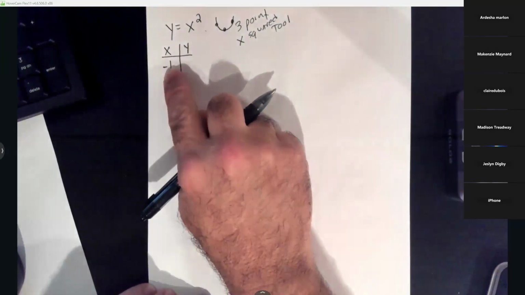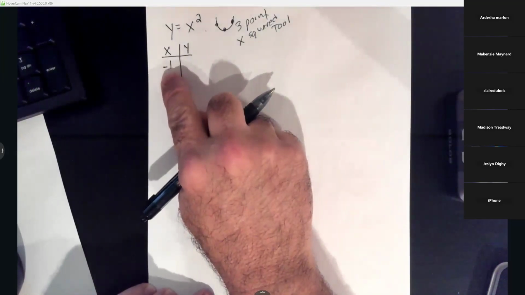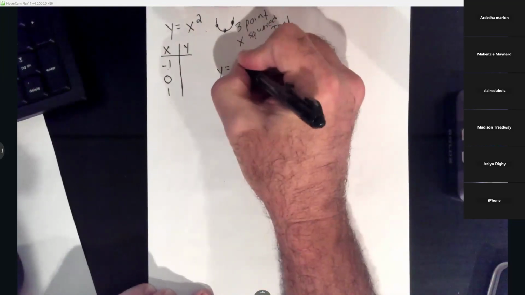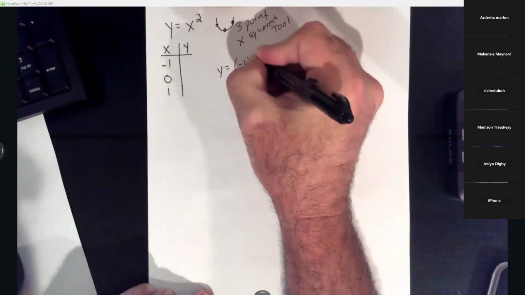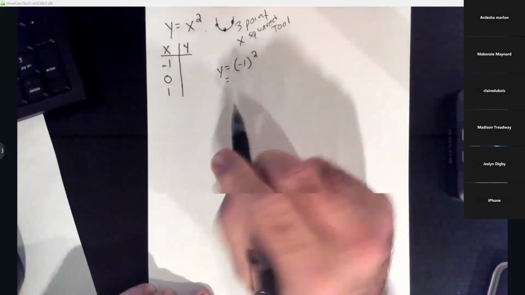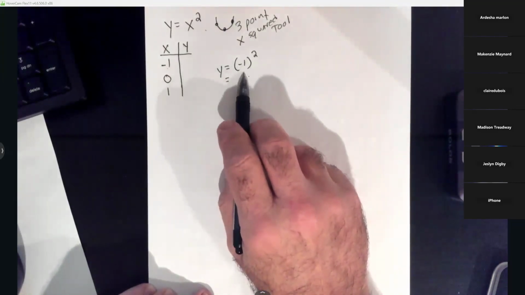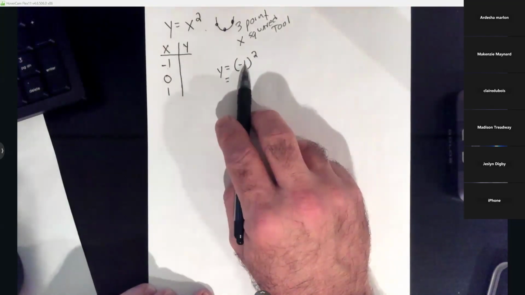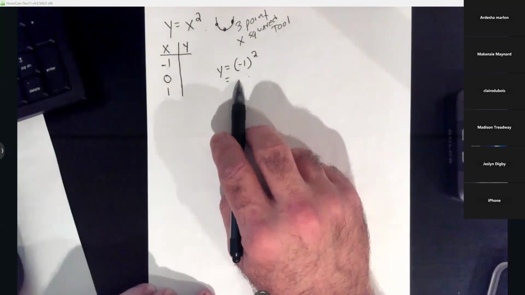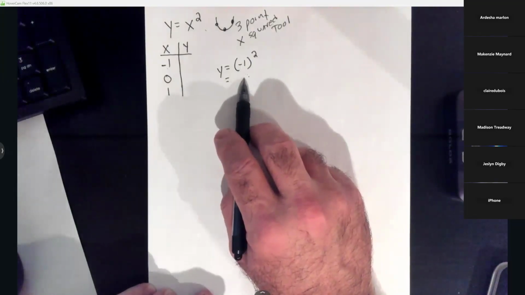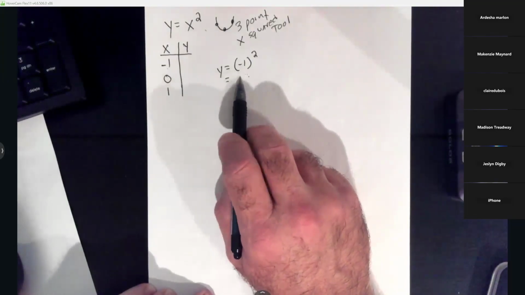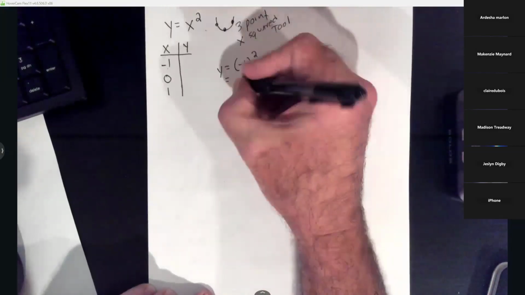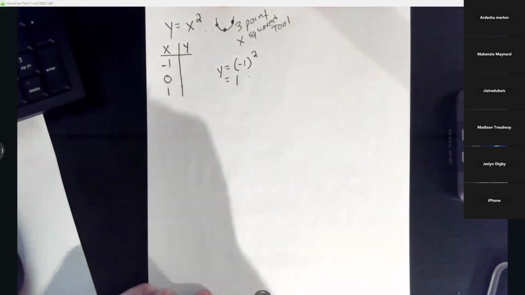Now, what you got to realize on this one, if you're using the calculator and you do that negative 1 and square it, you got to put the negative 1 in parentheses when you square it. If you don't put the negative 1 in parentheses, it'll give you a negative 1 for the answer. But y'all listen, a negative 1 times a negative 1 is a positive 1.